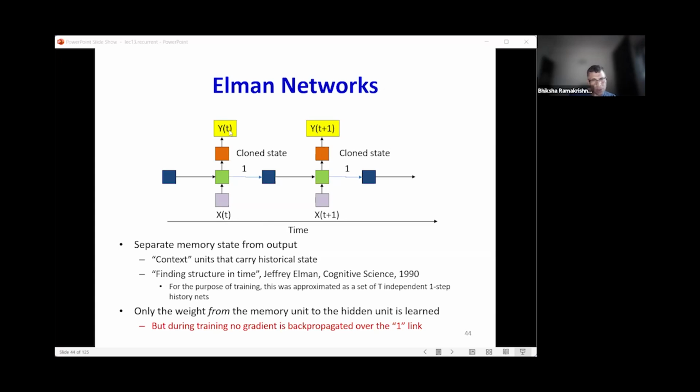And so this was what was called a partially recurrent network, because although in the forward pass, you're actually carrying information through the hidden states, when you're learning the network, all the updates are being done locally with no gradients being passed backward through time. Did this make sense? Yes or no?